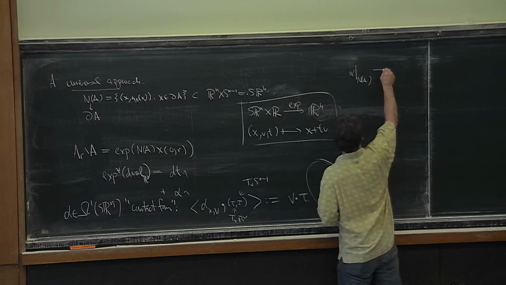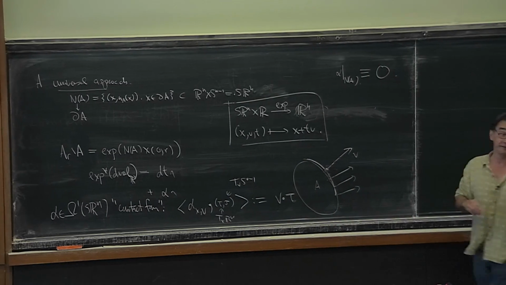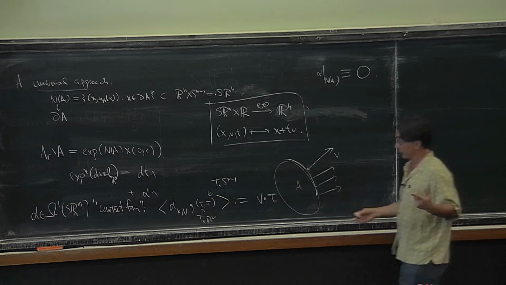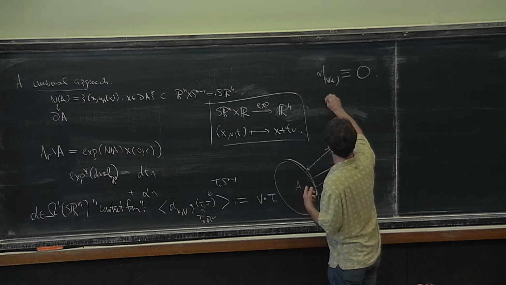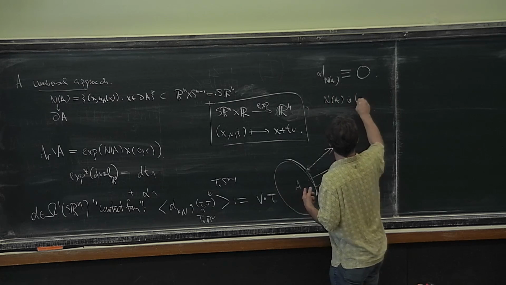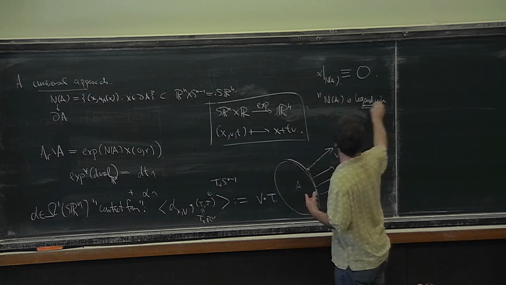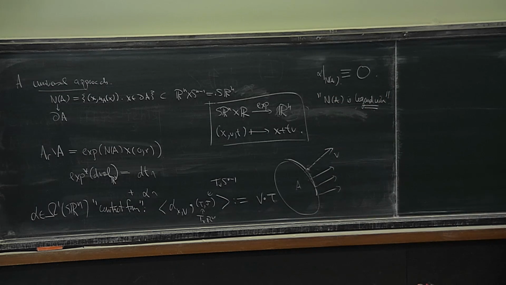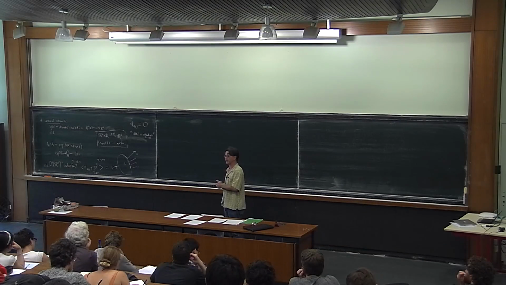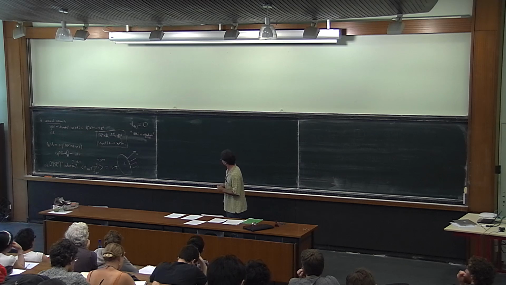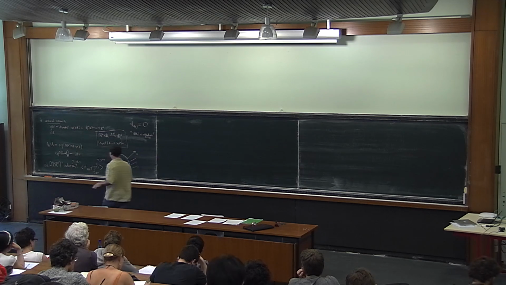So this restriction is identically 0. So in the world of contact geometry, we say that n of a is a Legendrian submanifold. Okay? In some sense, if I understand some of the roots of contact geometry, it might even be the prototype of all Legendrian submanifolds. Okay, anyway, so back to the subject at hand.